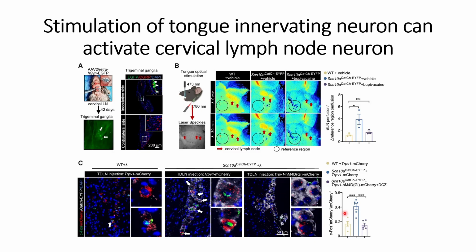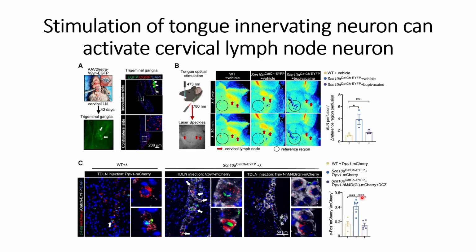And these things they have quantified on the right hand side, where we can see that in the presence of CatCh-EYFP and in the absence of hM4D, they are able to see enhanced FOS activation. But in the case of control and in the presence of hM4Di at the cervical neuron side, they are able to see reduced FOS signals, comparable to the wild type.